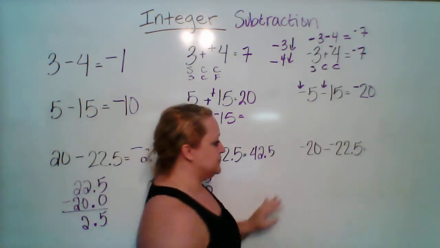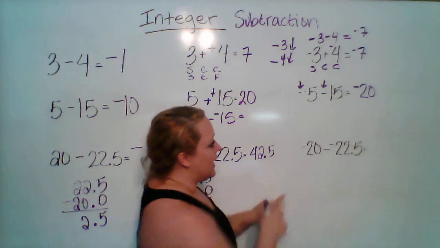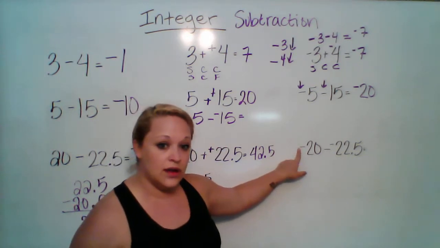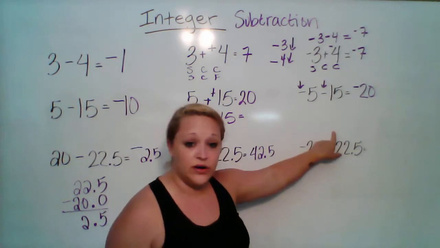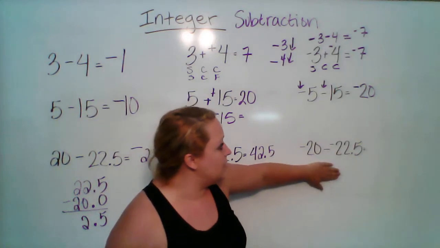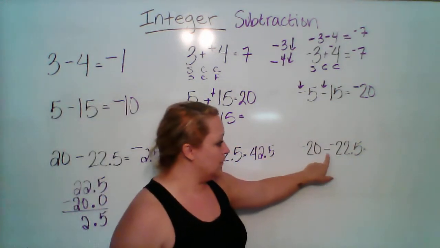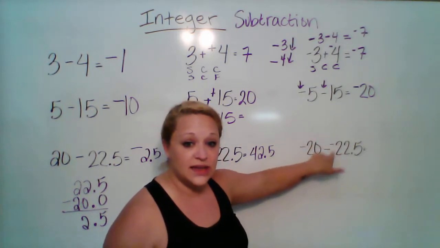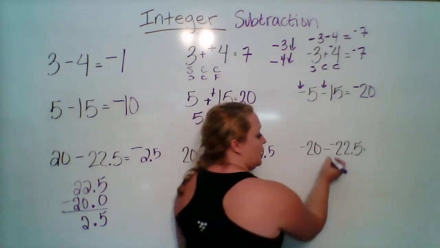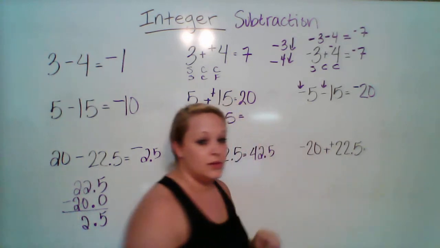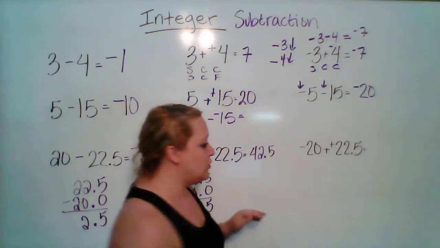All right, last one. If I look, I have a negative subtracting another negative. So this one's going to combine this and this. So here we're going to look. We have 2 negatives together. So therefore they are both going to become a positive. So you can rewrite your problem.